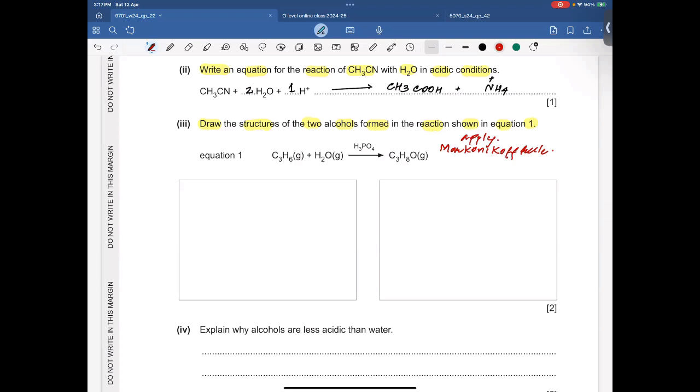Apply Markovnikov rule. Markovnikov rule says in an unsymmetrical alkene, the positive part, I mean to say electrophile, goes to that double bonded carbon atom where we can have more hydrogen atoms. So let me show you.